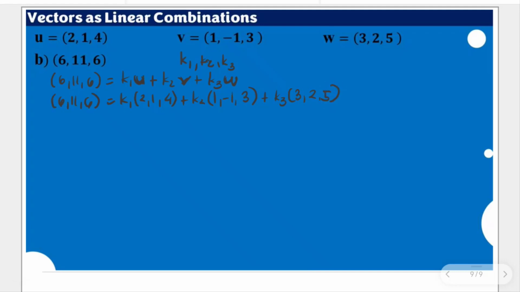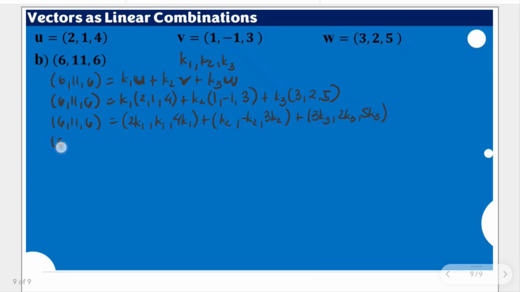Since we already assumed that k sub 1, k sub 2, and k sub 3 are scalars, we can apply scalar multiplication. So (6, 11, 6) equals (2k sub 1, k sub 1, 4k sub 1) plus (k sub 2, negative k sub 2, 3k sub 2) plus (3k sub 3, 2k sub 3, 5k sub 3). Then we use vector addition.